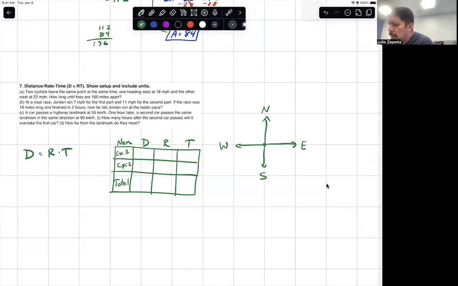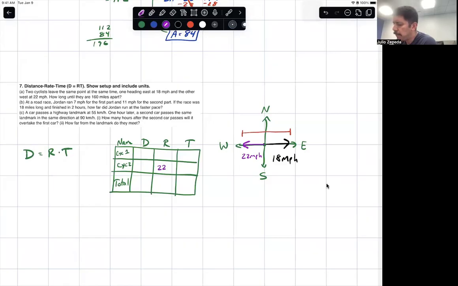So we're told that one is heading east at 18 miles per hour, and the other is heading west at 22 miles per hour. And then we want to know when will they be 160 miles apart.